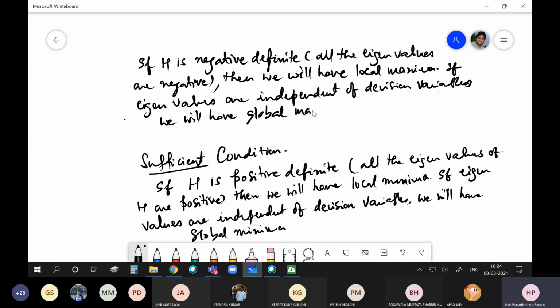Global maximum. If the second derivative becomes 0, then you have to go further to the third derivative, which becomes much more complicated.